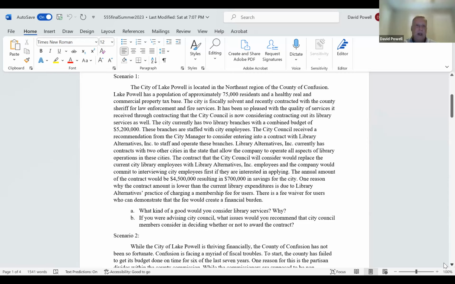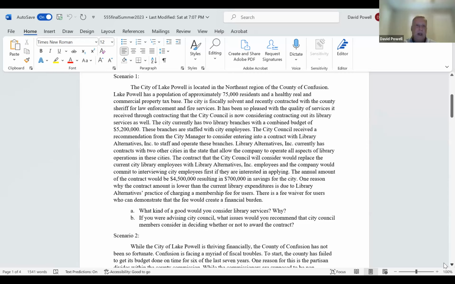So what type of good do you think library services represent? And then give me a justification as to if it's a public, a private, a toll, or a common pool good.